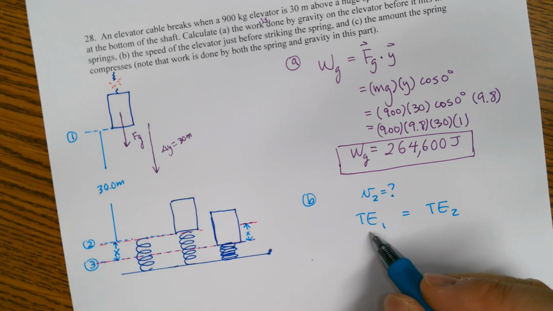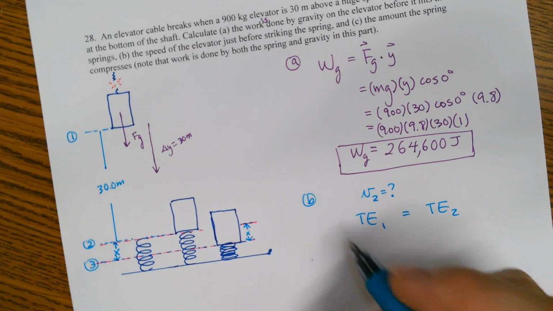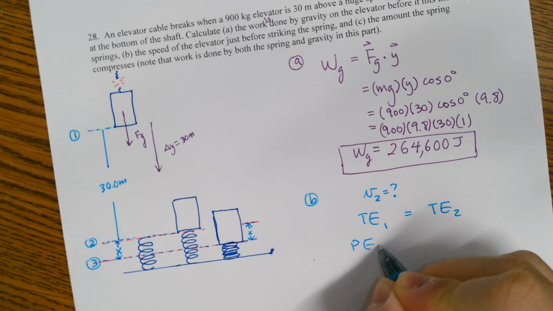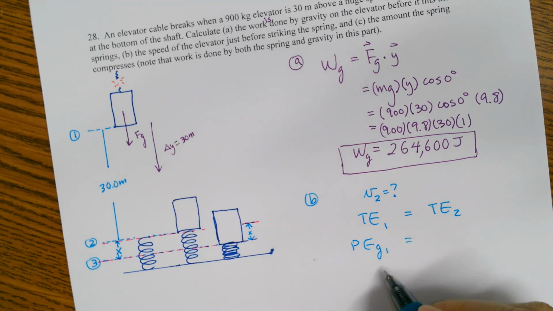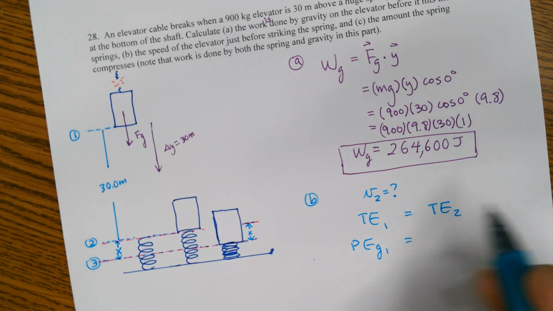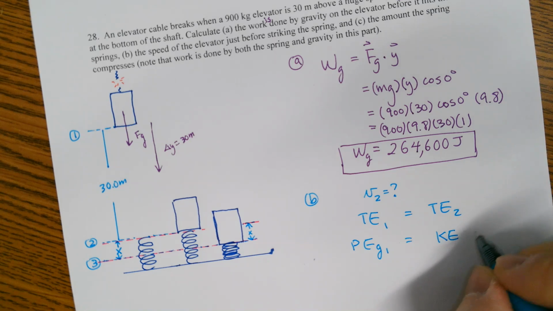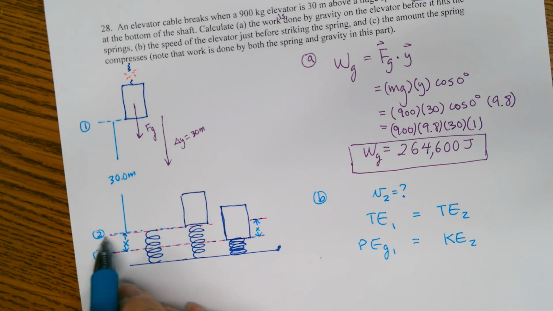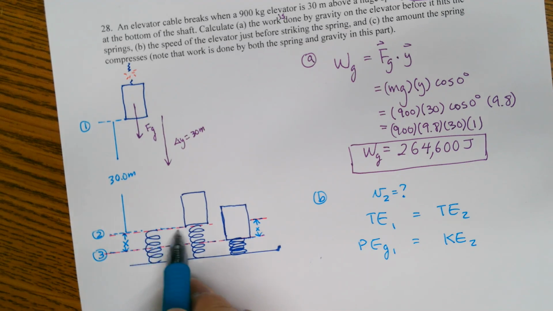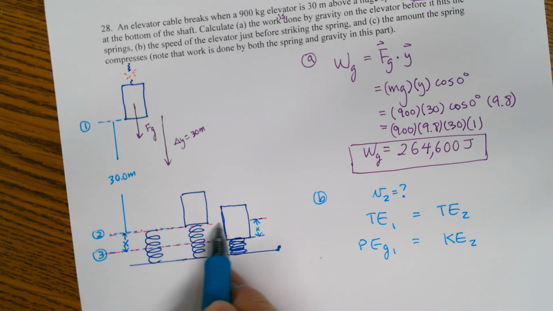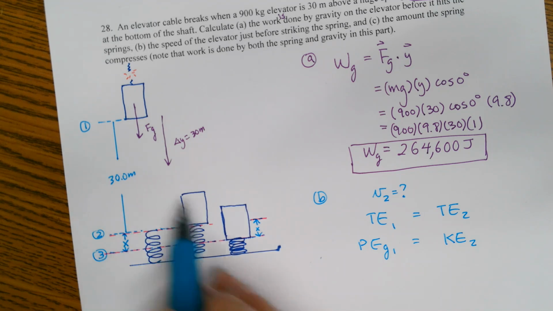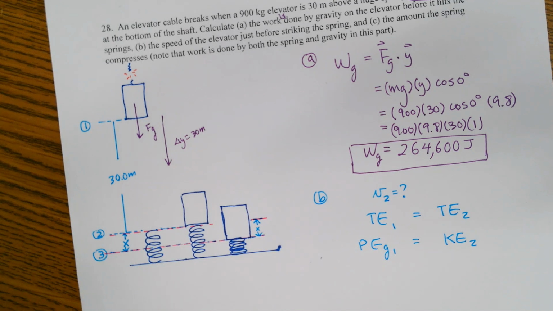Total energy at 1, I only have potential energy gravitation at position 1. So total energy at 2, I only have kinetic energy at 2, because I'm going to consider this to be my 0. And if I consider this to be my 0 at 2, then my height is only 30.